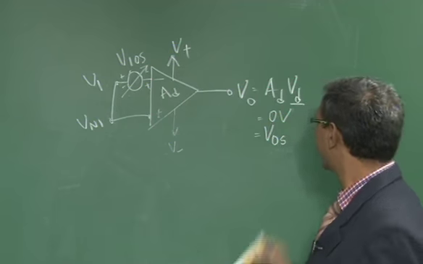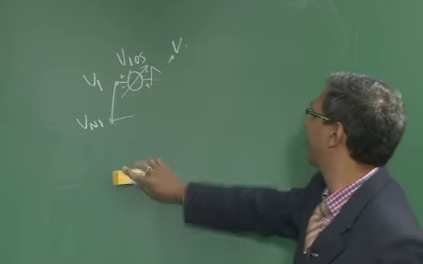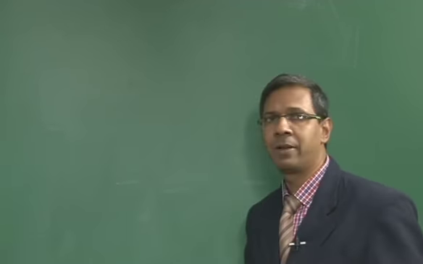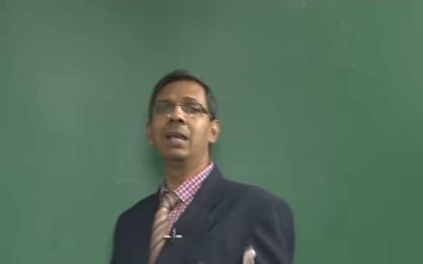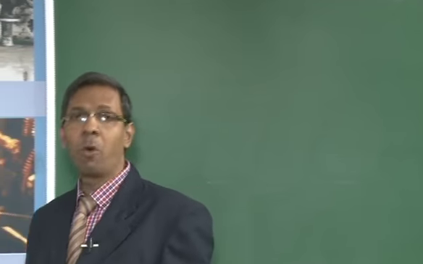So this is as far as the parameters are concerned. Now that we have seen all these parameters, let us go back and see what is the ideal value of these parameters and what is the practical value of these parameters. For that we are going to use an op amp IC 741. Okay, it's an 8-pin IC.